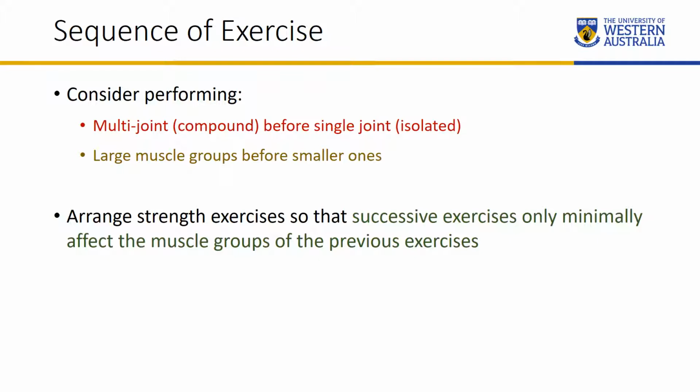Things to consider as you engage in the exercise are how you are sequencing exercise activities. It is advisable that you engage in multi-joint or compound movements before single joint activities.